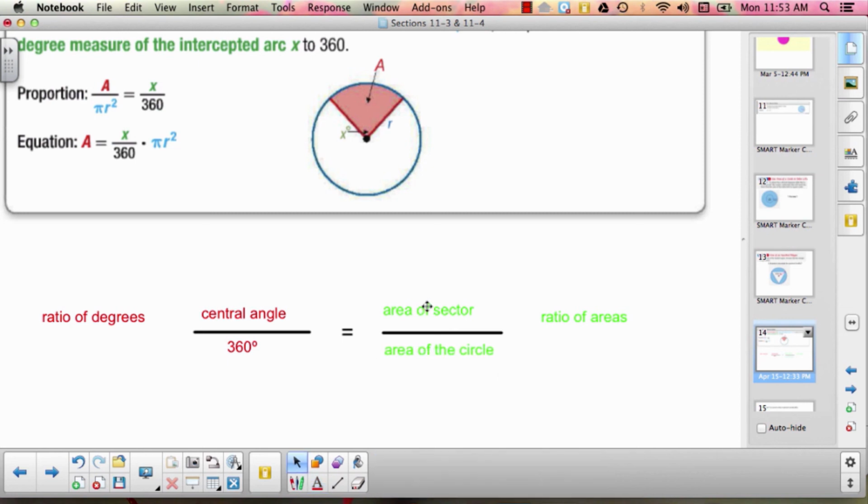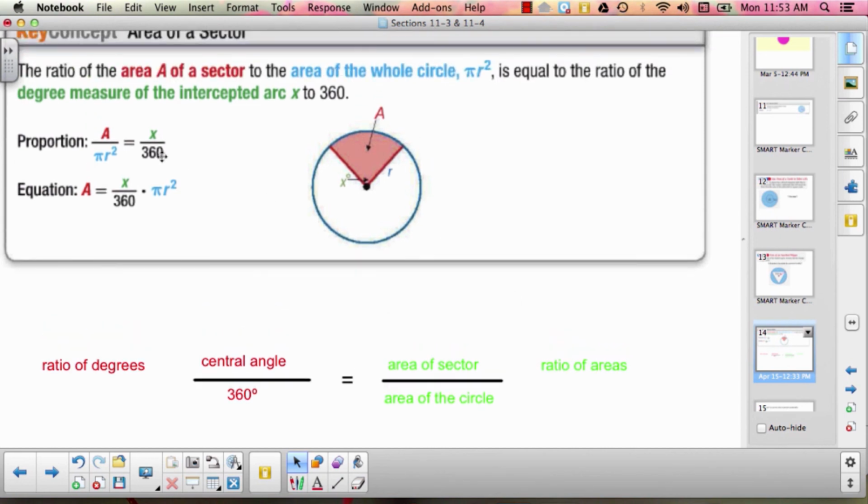And once again, I can use cross multiplication to solve this proportion. So if I know any two of these three values, I can find the third one by cross multiplying and solving. So once again, this proportion is going to be much easier to understand and much more useful than this formula here. So know this proportion by remembering this ratio of degrees and this ratio of areas.